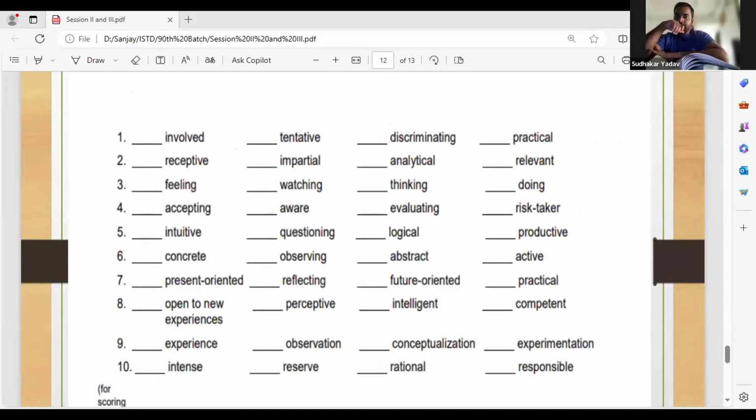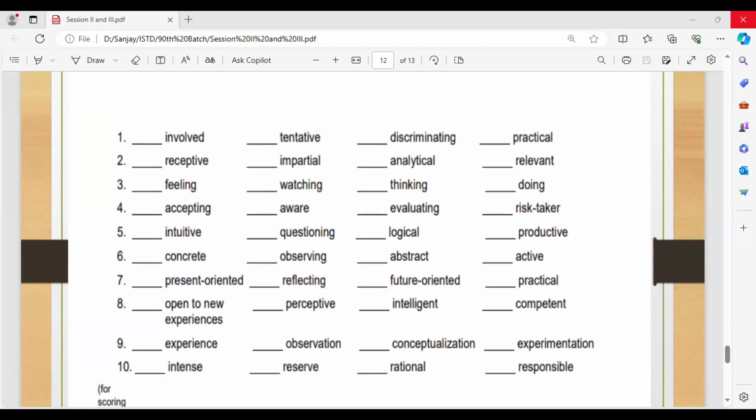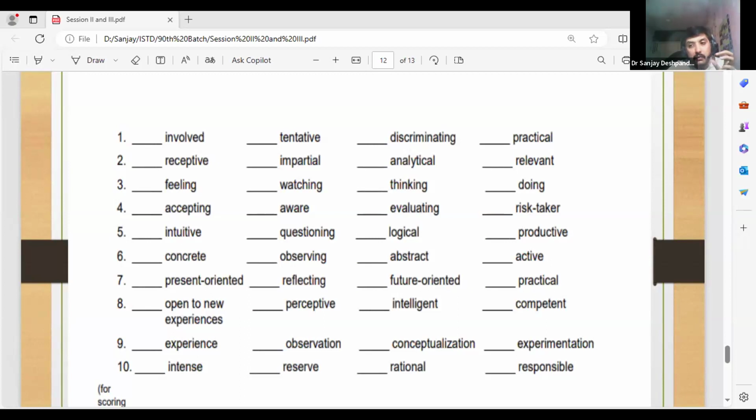So in the first row, we find 4 words written: involved, tentative, discriminating, and practical. I have to give 4 different ranks to these 4 words. 4 is the highest marks, highest grade.